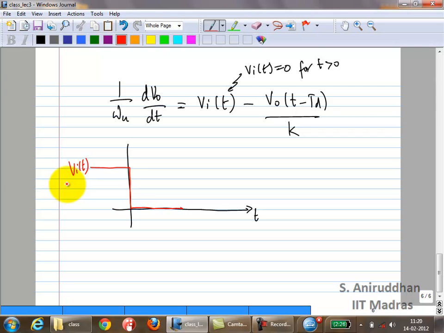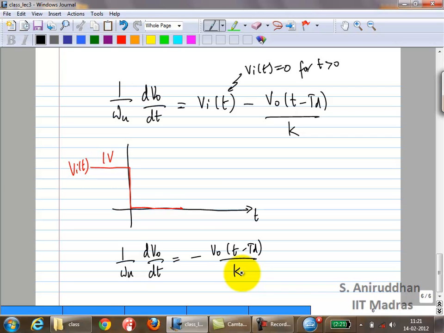That makes things easier, since the solution becomes easier if you have a constant value for Vi. So let us say this is 1 volt, and at t equals 0 it goes to 0. So this is your new differential equation.